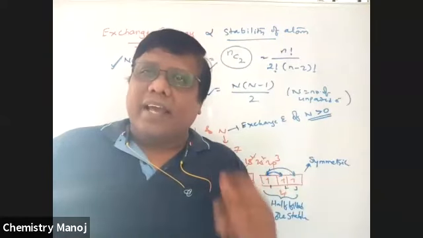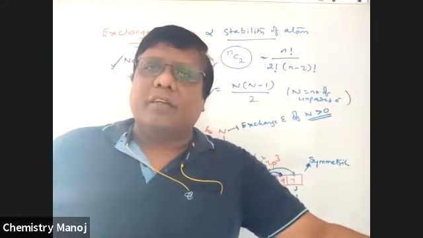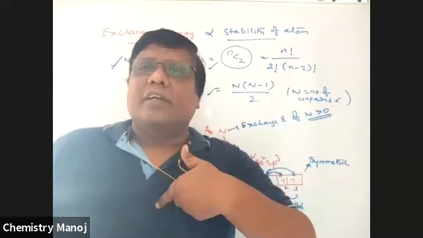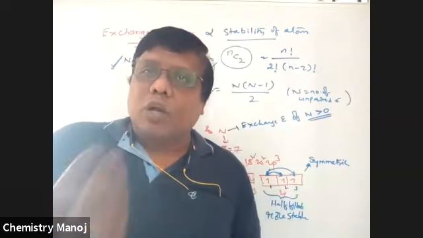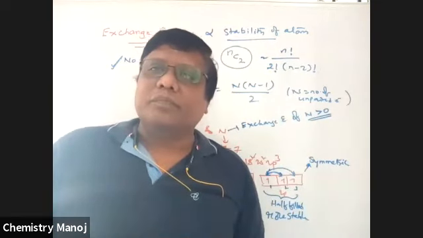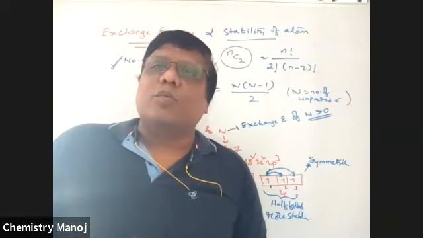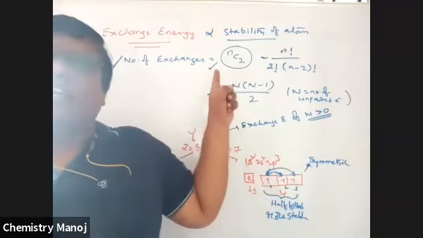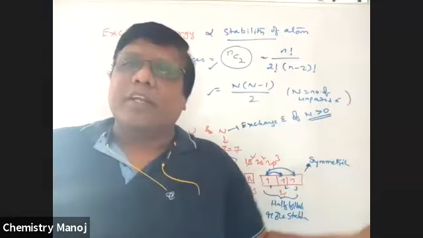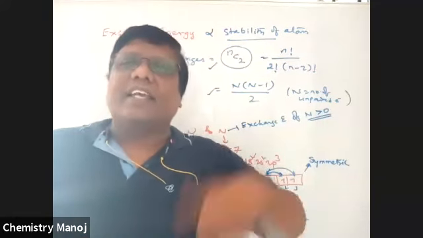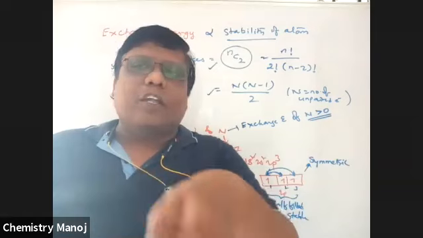Like that, more energy is lost by me, which means less energy is innerly there, and the more is the stability. More lost energy is equal to more stability. This exchange energy is the losing energy. More losing energy, more stability; more losing energy, less inner energy. So total stability is explained on the basis of inner energy.